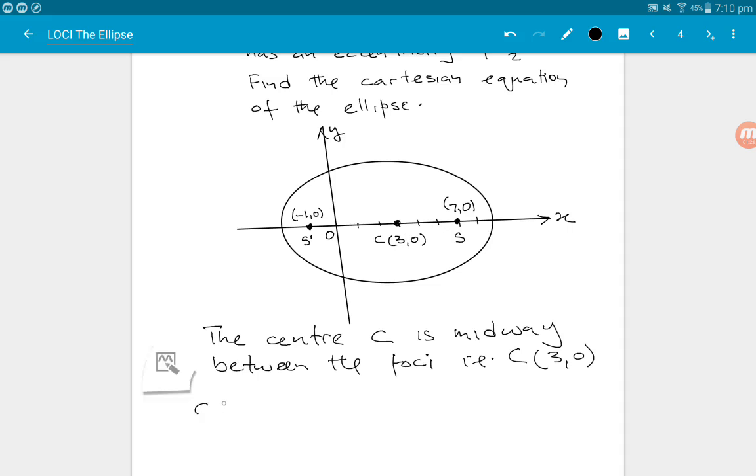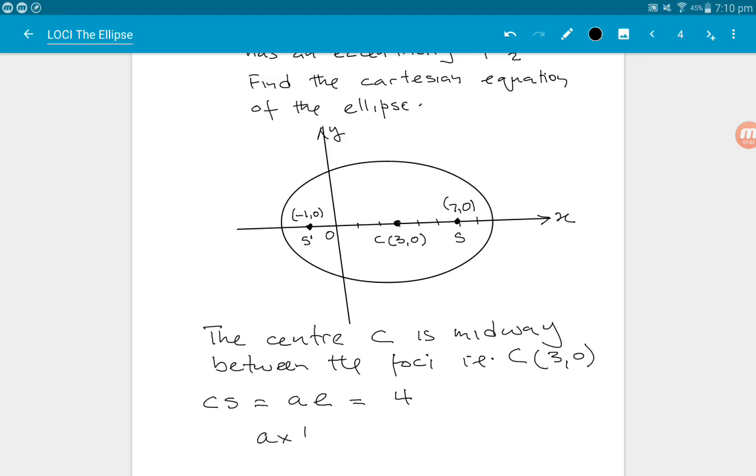Now the distance from the center to a focus is going to be equal to ae. So CS is equal to ae. We know that CS is therefore equal to 4 units. So the distance from (3, 0) to (7, 0) is 4 units. e is equal to a half.